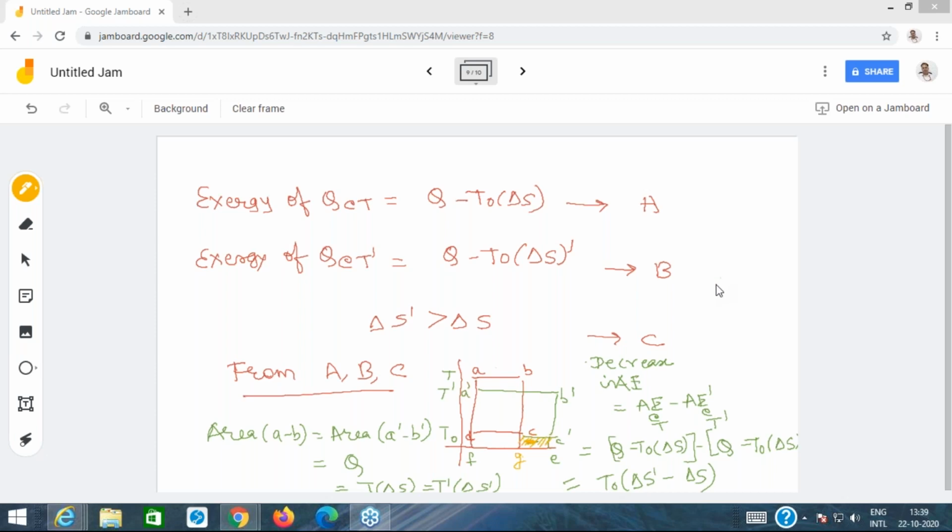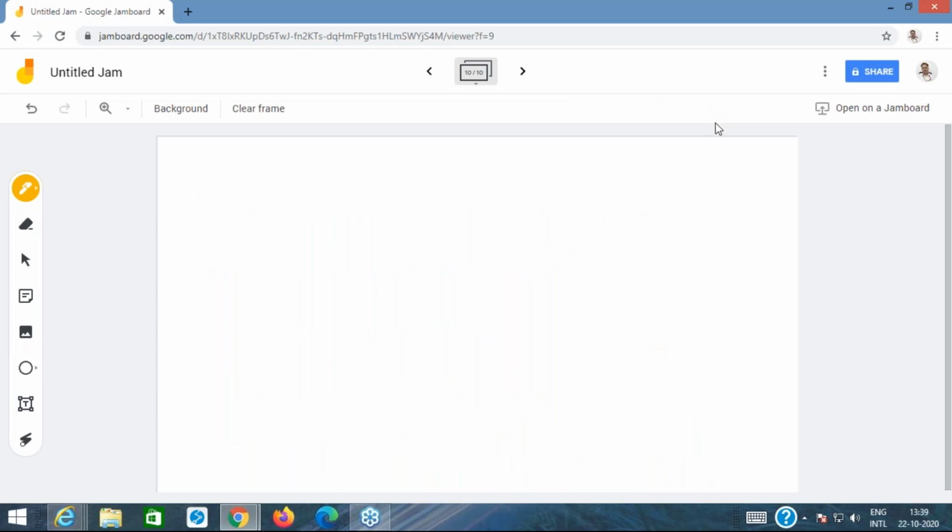Heat was transferred from the source at 1500 Kelvin to the system at 450 Kelvin.